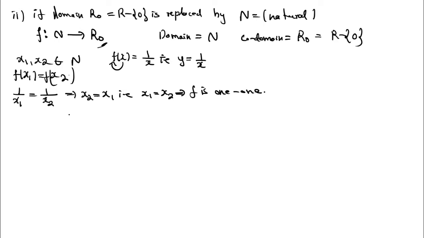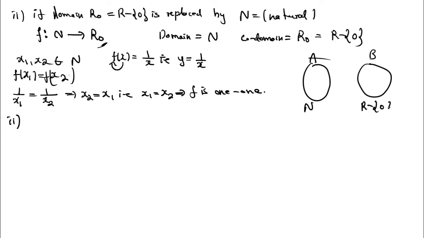Okay, check the second condition, that is onto. How to prove onto? Here the domain is there and the codomain is there. What's the domain? Natural numbers. Codomain R minus 0. Take any general element from the set B, then check whether its pre-image exists or not.